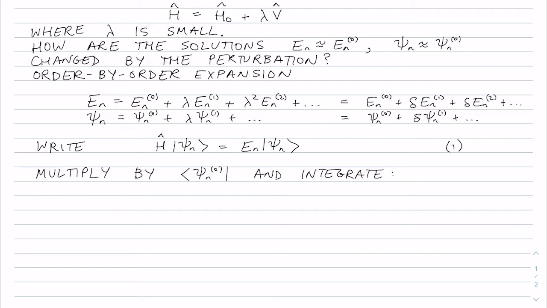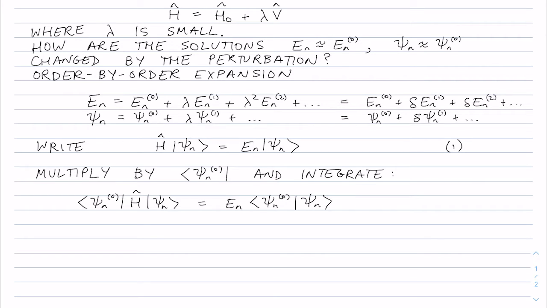And so we get psi n 0 H psi n is equal to En psi n 0 psi n.